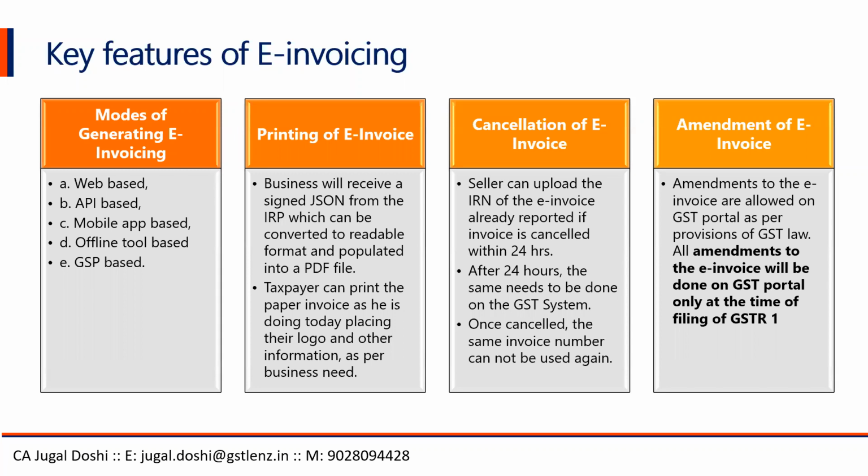They agree that, okay, there can be some mistakes. I have printed a double invoice, or the party name is wrong, or the mobile number is wrong, etc. But there is no provision to amend that invoice. If some of the details are wrong, you cancel that invoice and raise a new invoice. That is the system. This system was there from 2017.